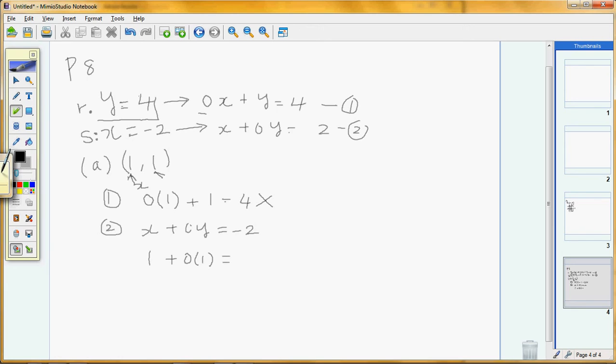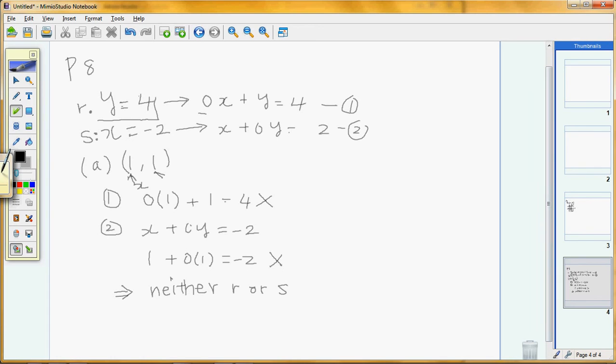Is that equal to negative 2? No. Therefore, we failed both tests, so the answer is neither R nor S. This point is not on either line. So that's how you do it, and you have other problems to solve.